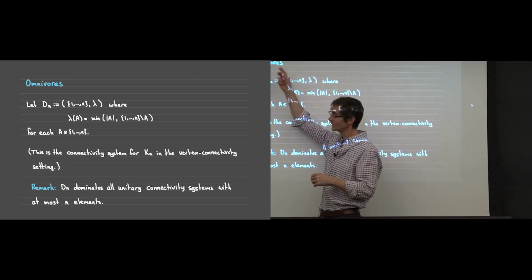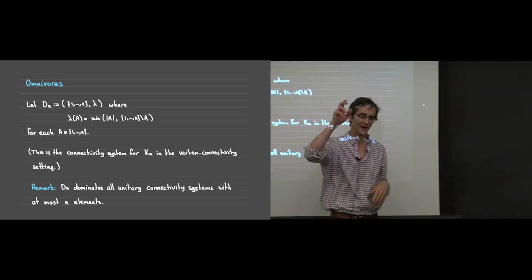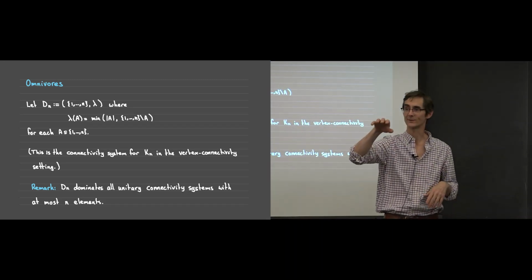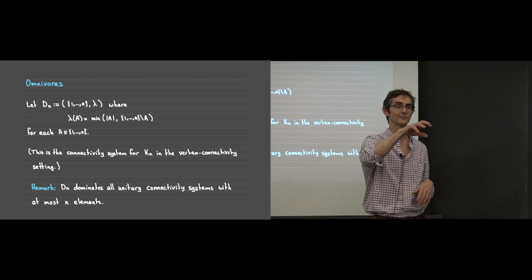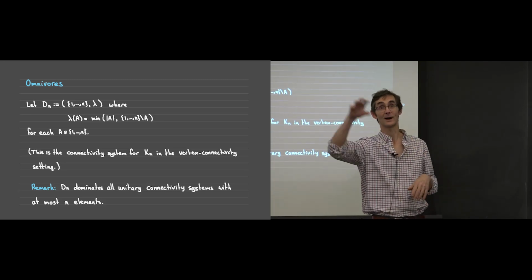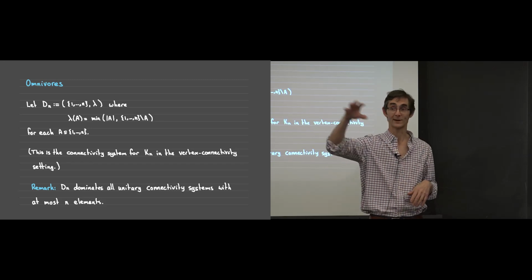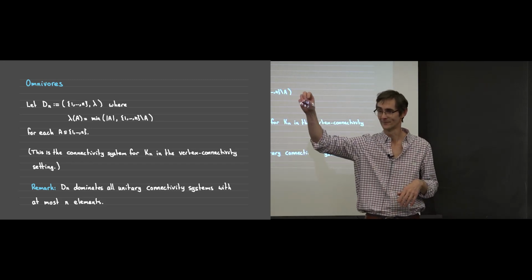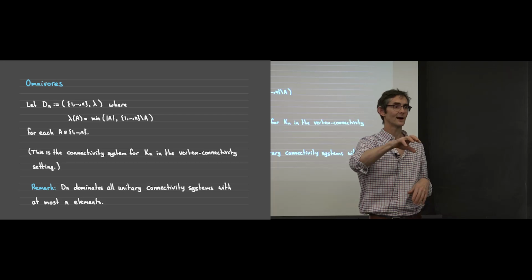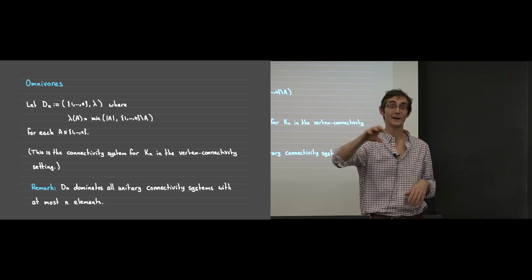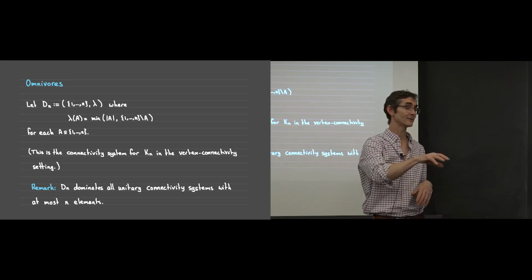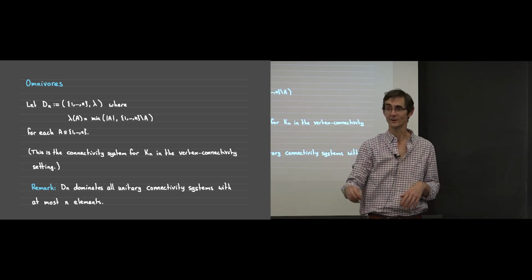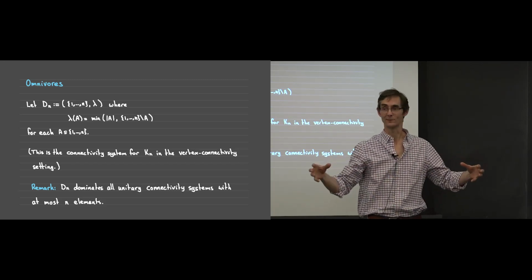I learned this word from Neil Robertson. He calls things omnivores. For example, complete graphs are omnivores for graphs under subgraphs. Every graph is a subgraph of some complete graph, so the complete graphs eventually eat all the graphs. Grids are omnivores for the class of planar graphs under minors. Every planar graph is a minor of a grid, so the grids eventually eat all of the planar graphs.